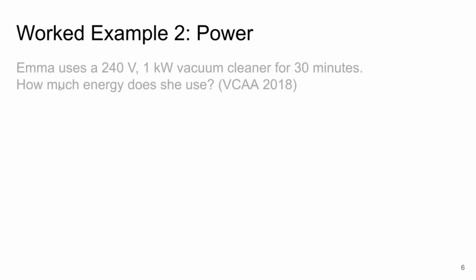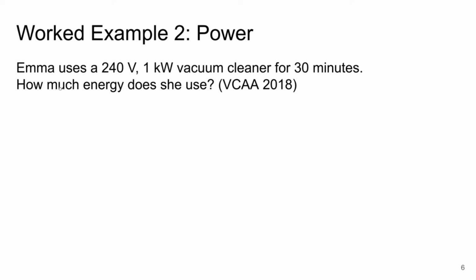So let's work through an example to better understand the relationship between power, energy, and time. Emma uses a 240 volt 1 kilowatt vacuum cleaner for 30 minutes.